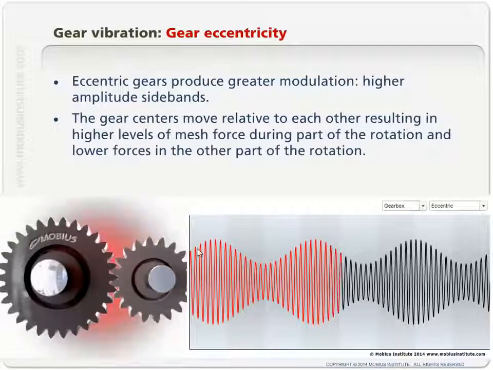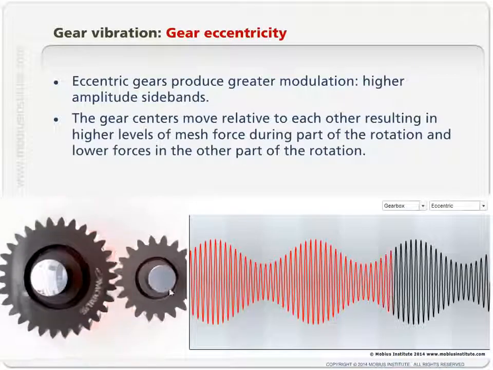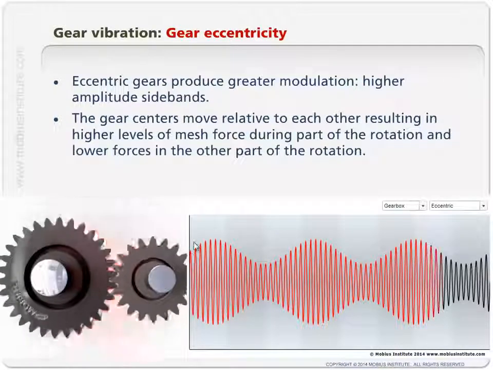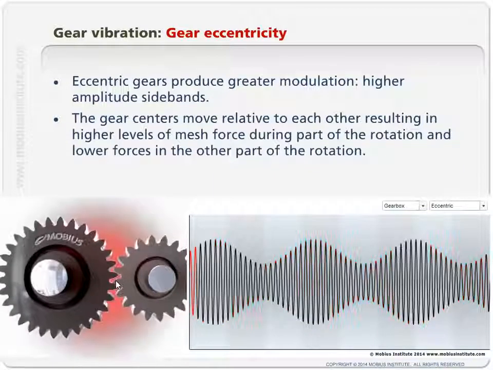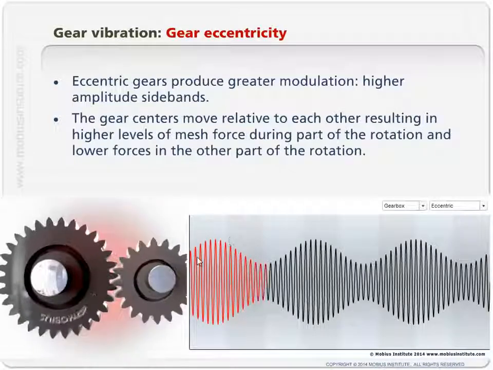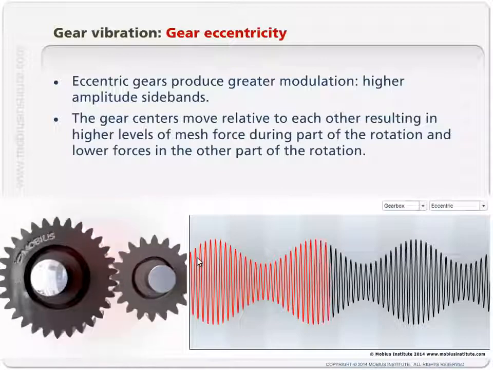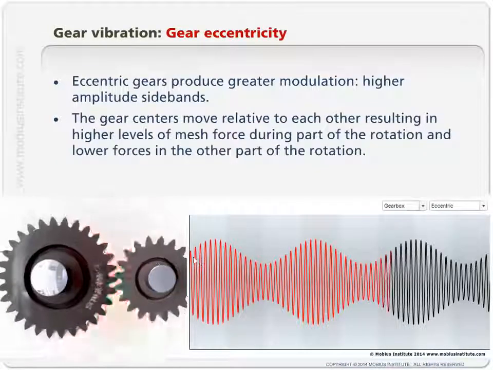But what I'm trying to illustrate here is that if for any reason one of the gears is moving in this sort of circular motion, then we will see the same gear mesh frequency. There is still the same number of teeth on the gear, so we see that same gear mesh frequency, but the amplitude, the force in the gear mesh, rises and falls per rotation of the eccentric gear.